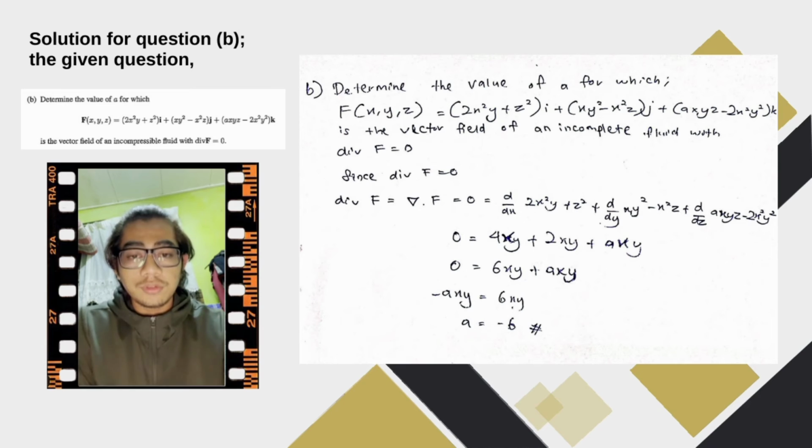Since divergence F equals 0, the divergence equals the derivative operator dotted with the vector function, which equals 0.